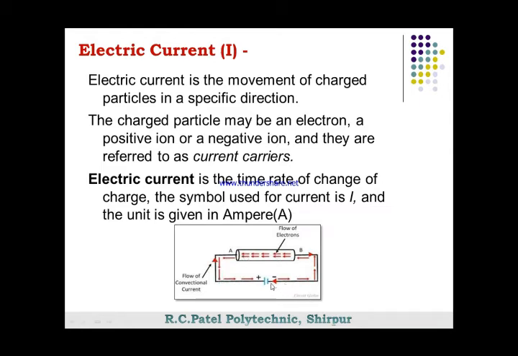Current always flows from positive to negative, so it shows the flow of conventional current direction. The basic definition of electric current is the time rate of change of charge. The symbol used for current is capital I, and the unit is ampere.